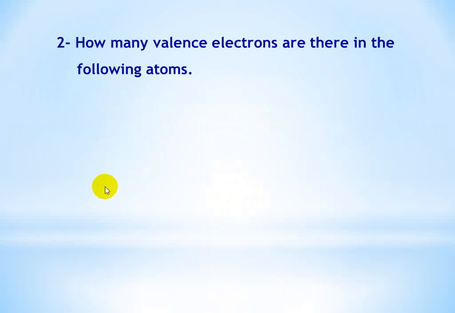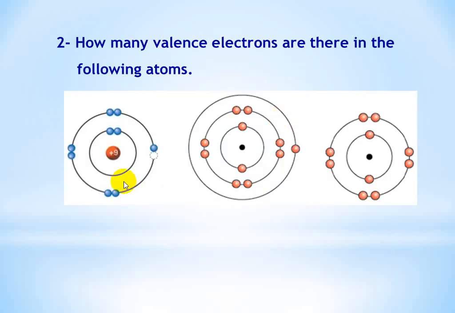The second question: how many valence electrons are there in the following atoms? Here, this atom is chlorine atom. It has 9 protons and 9 electrons. How many valence electrons here? Here, sodium atom, and here, neon atom.